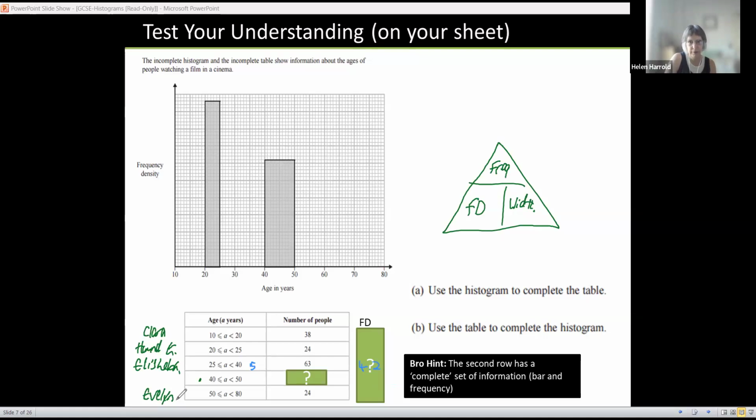Okay, so you did 63 divided by 15. Yep, great. Well done. Clara, Hannah, and Evelyn, do you know what you're doing, or have you no idea?